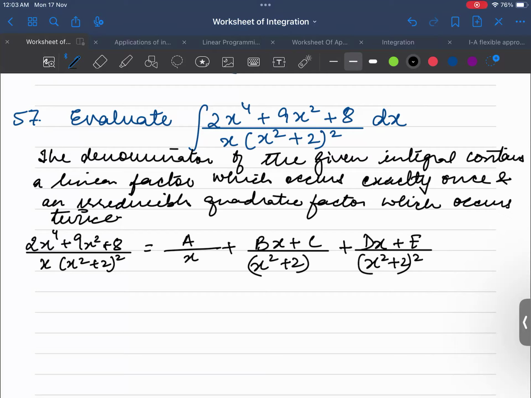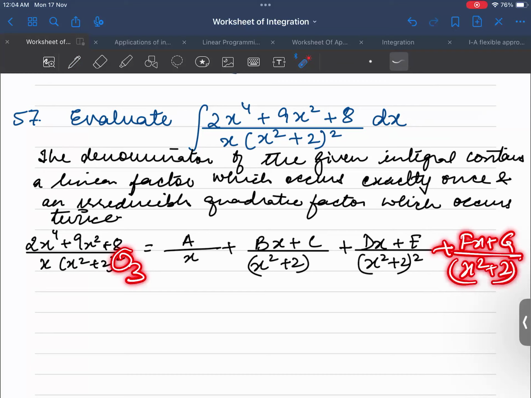If it would have been 3, then we would have added fx plus g upon x square plus 2 power 3 and so on. I think it's clear.